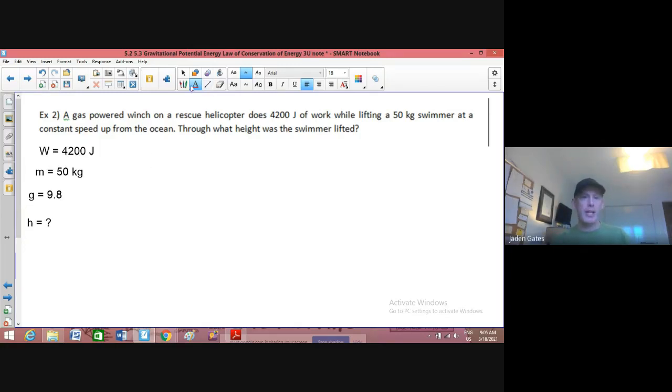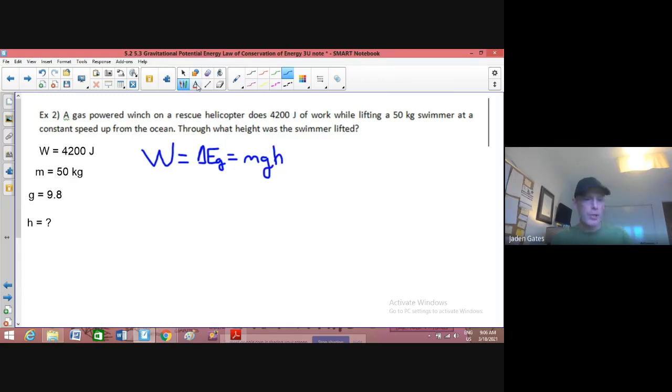In this situation, the work of the winch is increasing the gravitational potential energy. It's changing it, actually from 0, because this person is in water, which would be mgh.